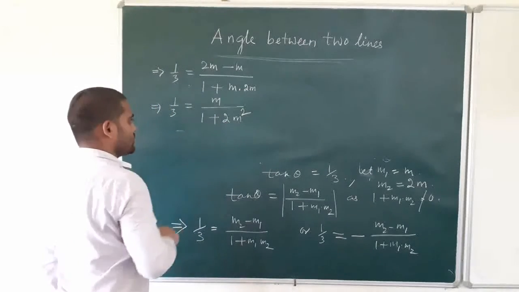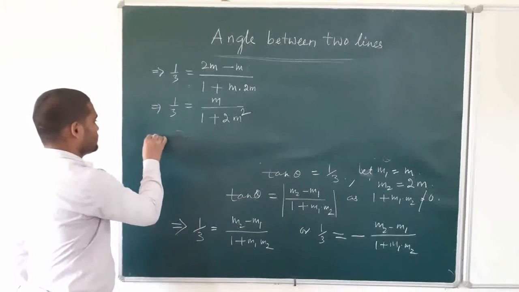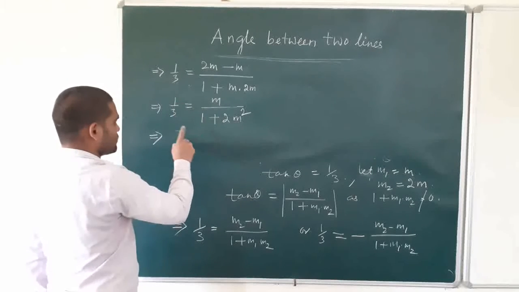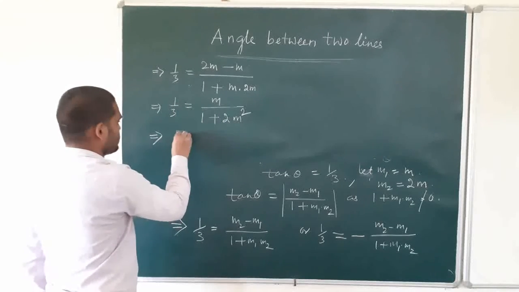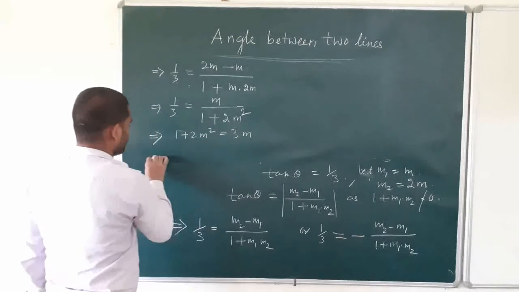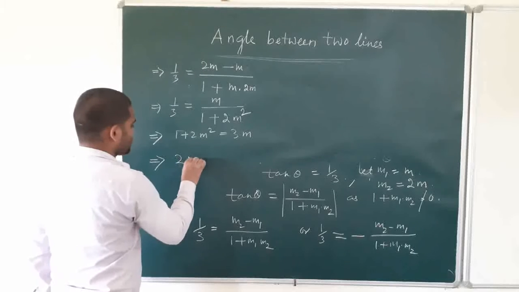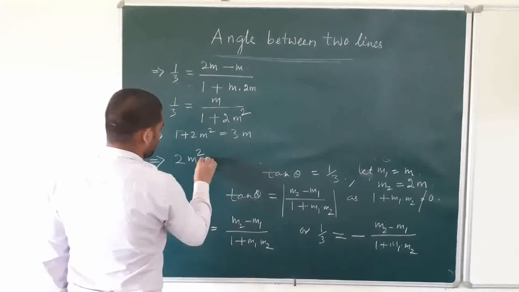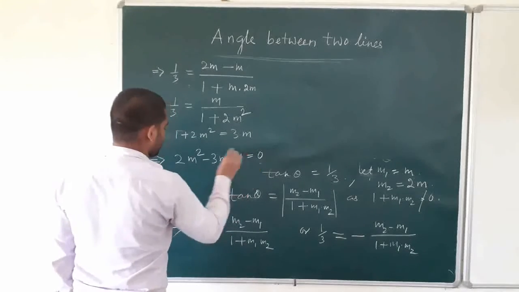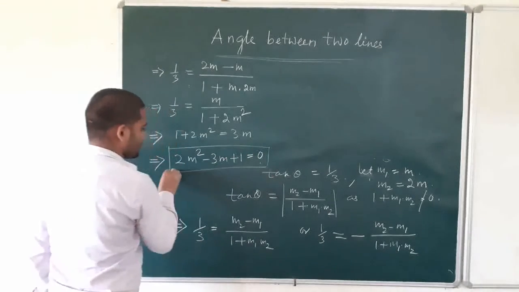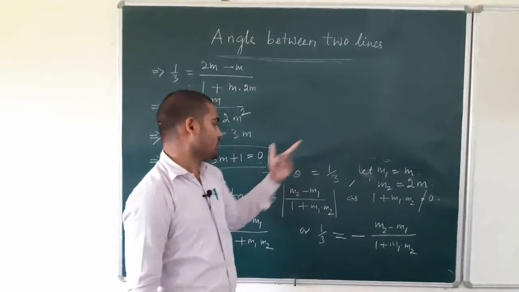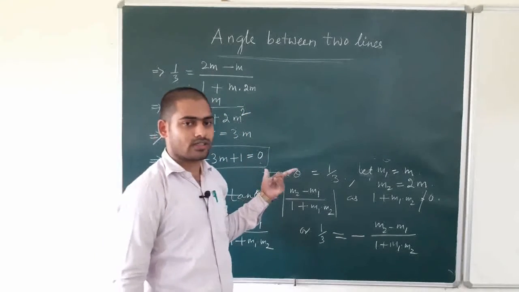Okay? Then you cross multiply, then you get 1 plus 2M square is equal to 3M, and you can write 2M square minus 3M plus 1 is equal to 0. This equation you can write. Similarly, you simplify it, you get this kind of quadratic equation.